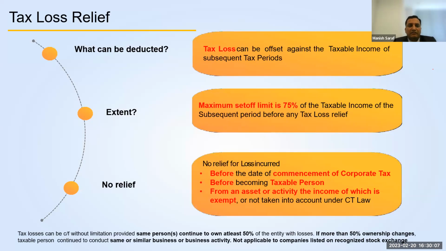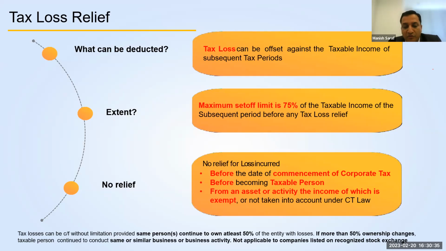Now this is about the tax loss and the relief which the company can get. These losses can only be claimed from the year where corporate tax has been implemented. Corporate tax has been implemented for a company from 2024, as the financial year is from January to December. So the losses derived in 2024 can be claimed as a carry forward loss.